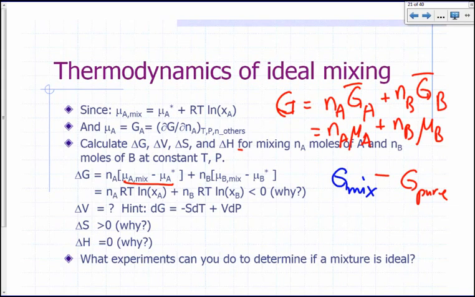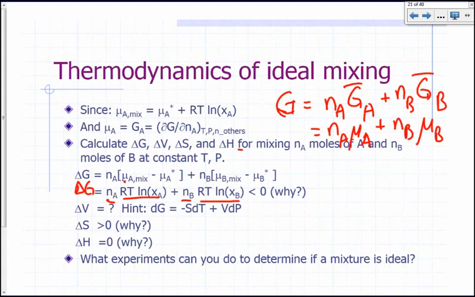The difference between the chemical potential of A in the mixture and its chemical potential in the pure liquid is just RT ln X of A. And the difference between the chemical potential of B in the mixture and when it's pure is just RT ln X of B. So the expression we get then is N sub A times RT ln XA plus N sub B RT ln XB. So that's the delta G for mixing if you have an ideal mixture.